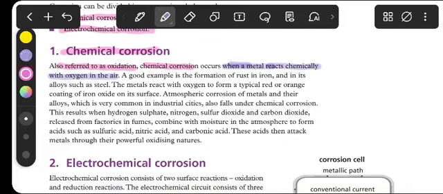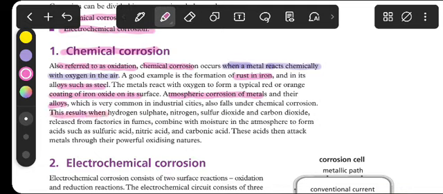A good example is the formation of rust in iron and alloys such as steel. Metal reacts with oxygen to form a typical red or orange coating on its surface. Atmospheric corrosion of metals and their alloys, which is very common in industry, also falls under chemical corrosion.